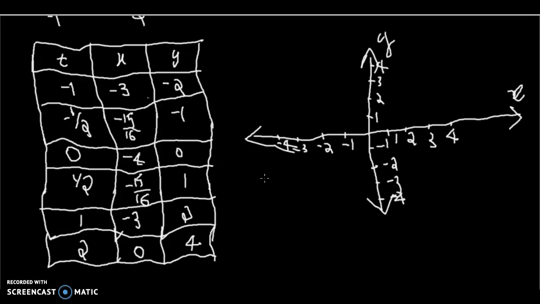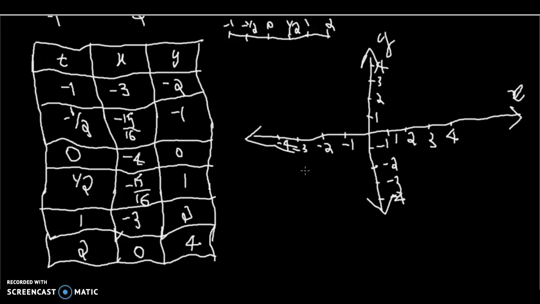Next we can denote the points corresponding to these xy coordinates. We start with t equal to minus 1, then minus 1 by 2, 0, 1 by 2, 1, and finally 2. When t equals minus 1, the value is minus 3, minus 2. That is, minus 3 is the x coordinate and minus 2 is the y coordinate.